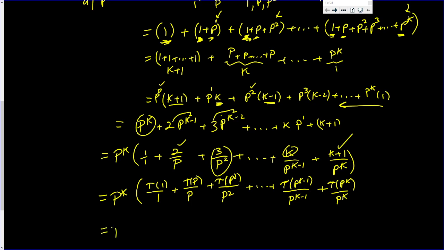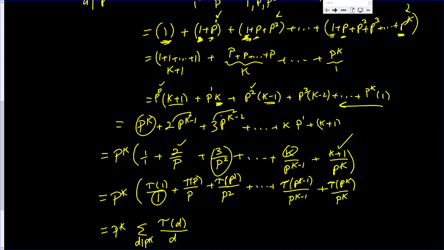So what we have is p to the k in the front times what's in the brackets. But what's in the brackets is tau of d over d, because we're going to sum over all divisors of n, which is p to the k.